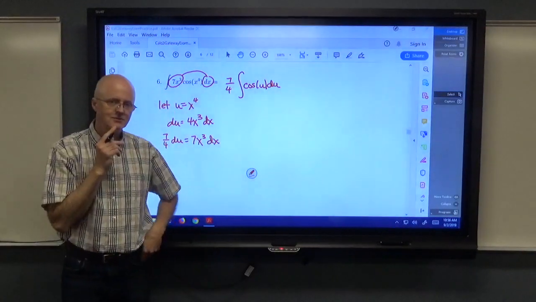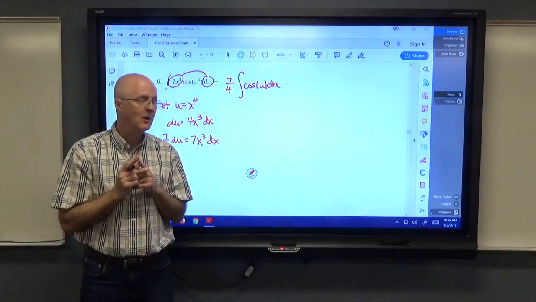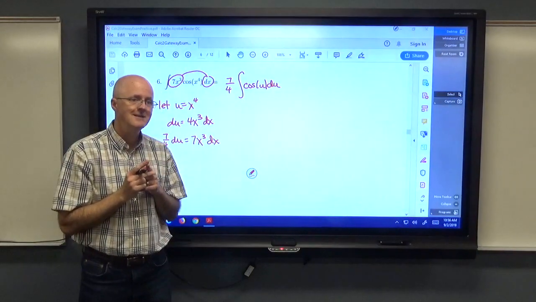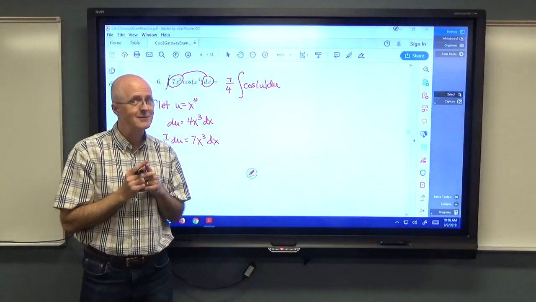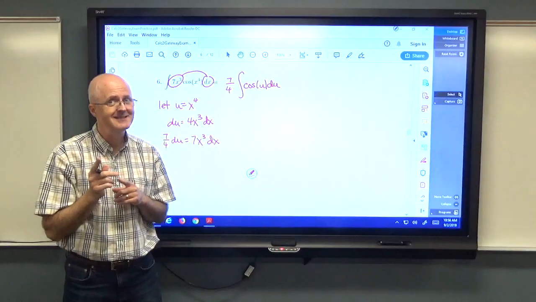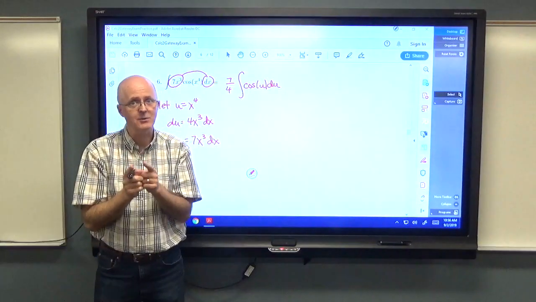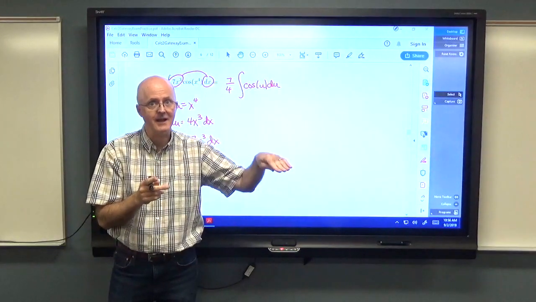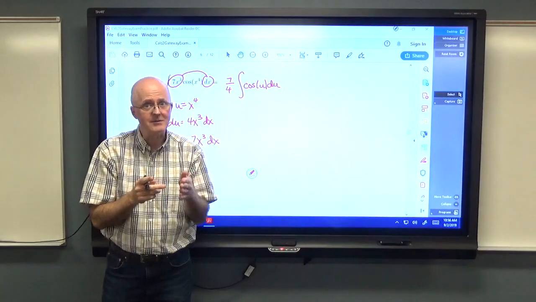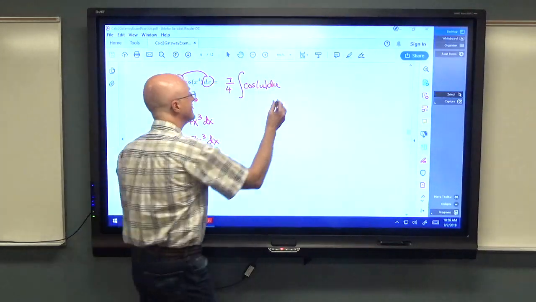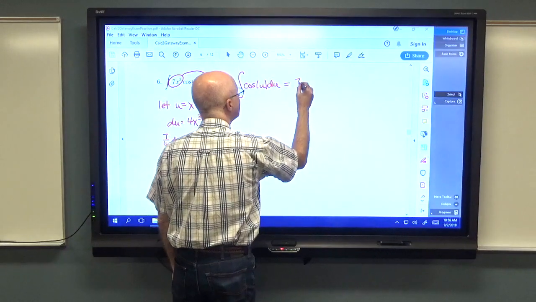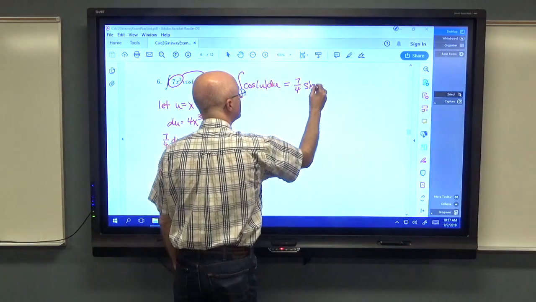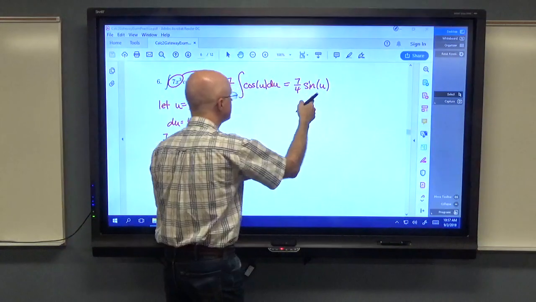Careful here, it's tricky. What's the integral of cosine of u? Is it positive or negative sine of u? It's positive. The derivative of cosine of u with respect to u would be negative sine of u. But the integral of cosine is sine, because the derivative of sine of u is cosine of u.